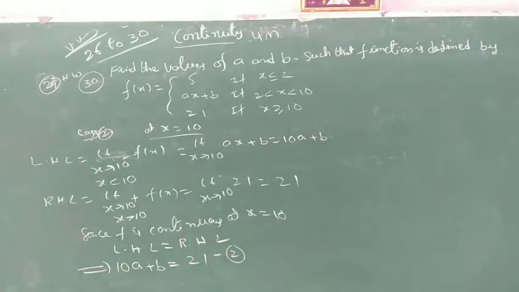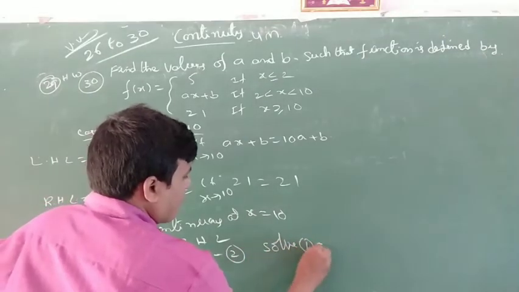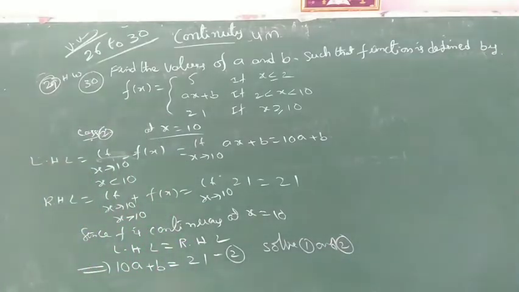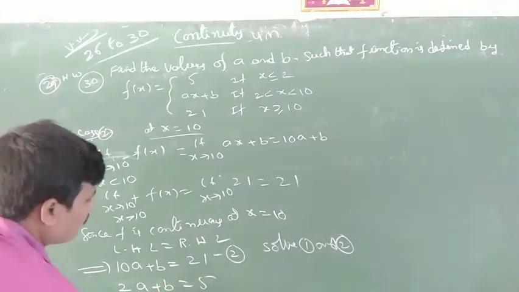Equation number 1 is 2a plus b is equal to 5. Solve 1 and 2. The second equation is 10a plus b equal to 21, the first is 2a plus b equal to 5.